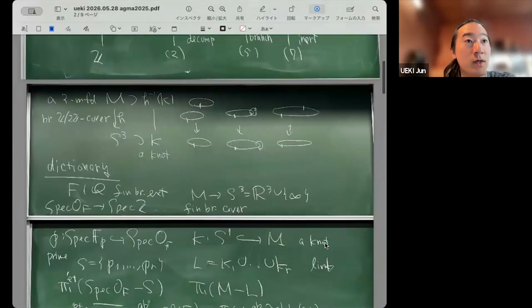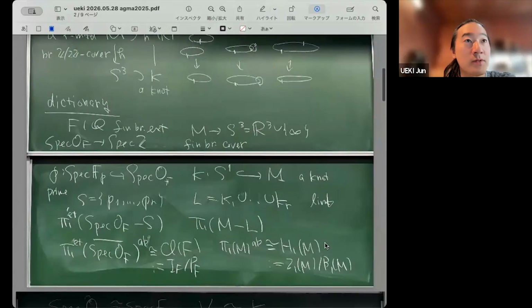Here is a bit more dictionary between knots and primes. We focus on a branched extension of number fields and a branched cover of 3-manifolds. They are both controlled by the fundamental group of the exterior of the branch locus.